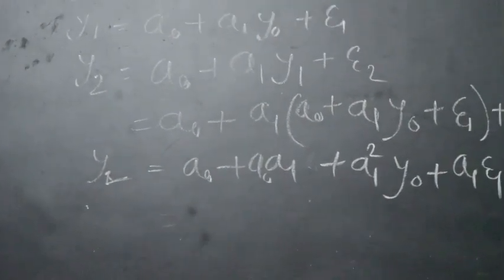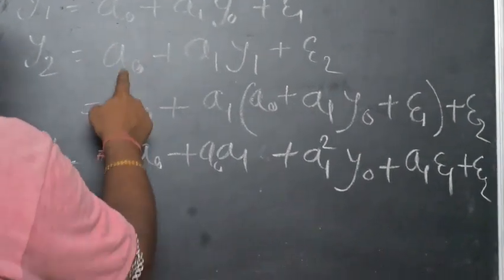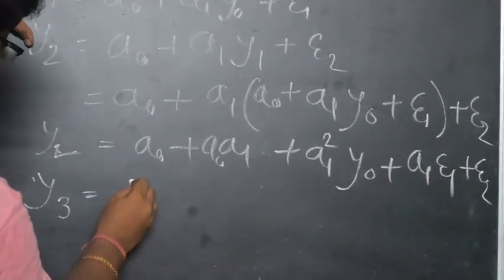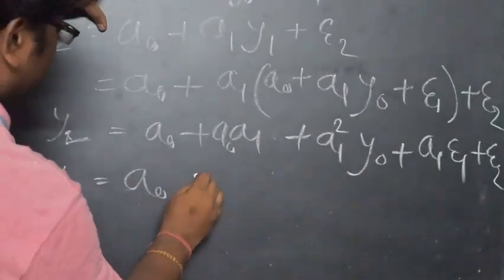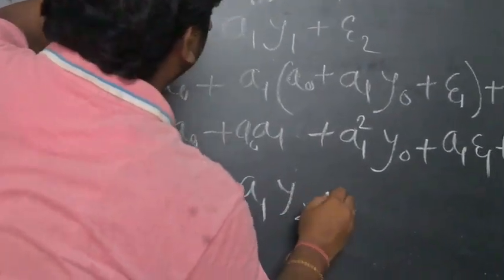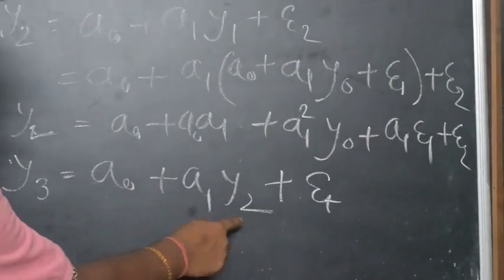Now for y3, we place 3 here: y3 equals a0 plus a1 y2 plus epsilon 3. And what is the value of y2?